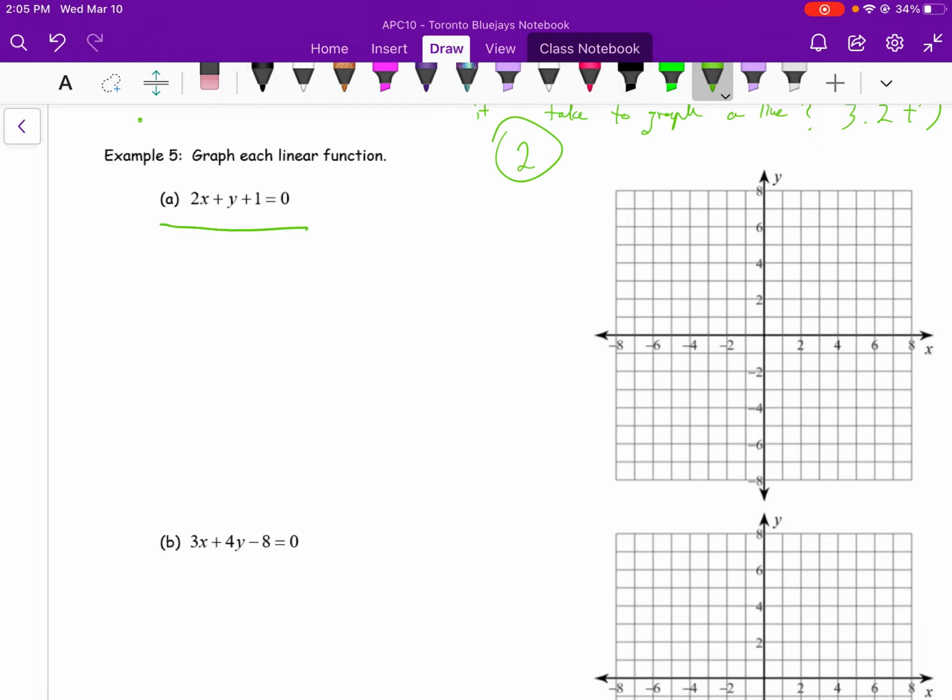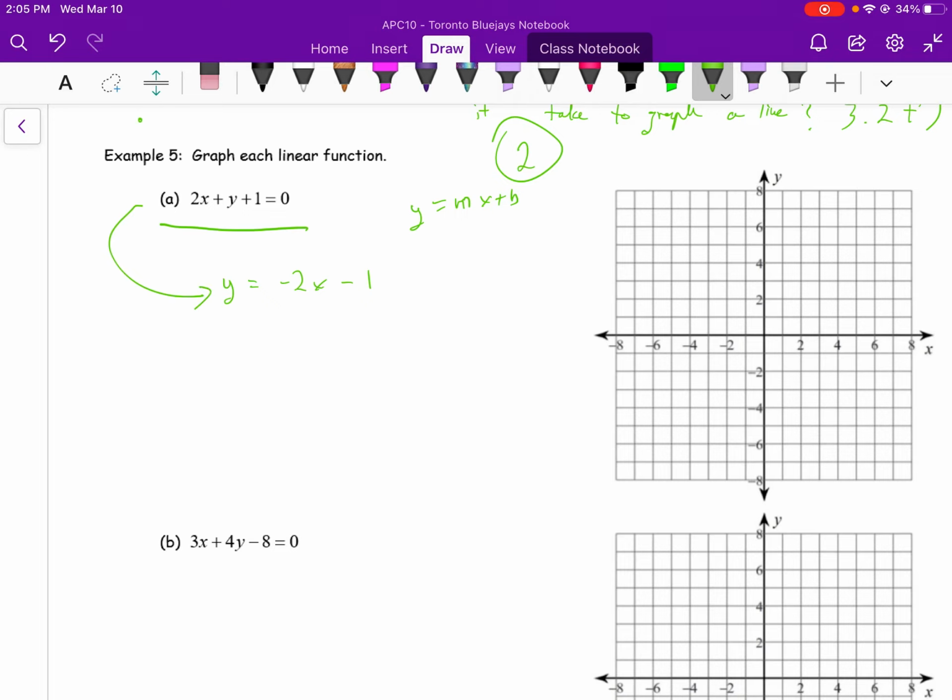This equation is actually in general form. But if I choose to graph an equation, I want it to be in a nice graphing form. The nice graphing form is y is equal to mx plus b, is it not? Slope-intercept form. Basically what I'm going to do is isolate my y to one side.